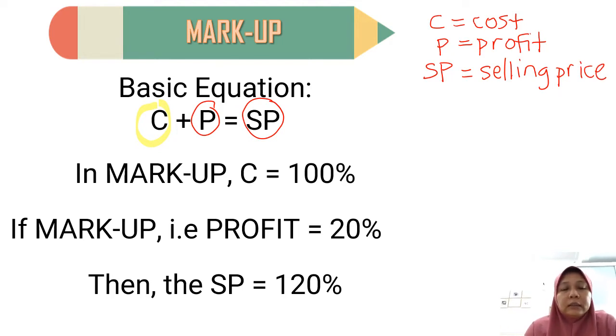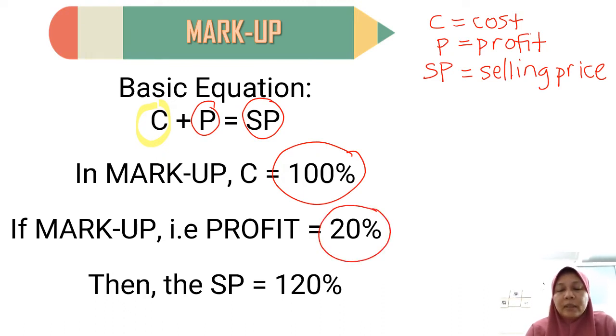In markup, C, which is the cost, would always equal 100%. Let's say the percentage of profit is 20%. That will give us a total selling price of 120%, derived from this equation.